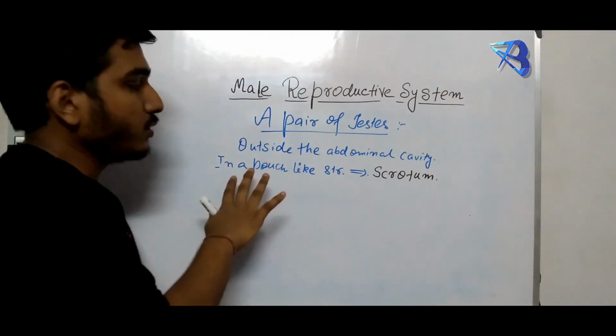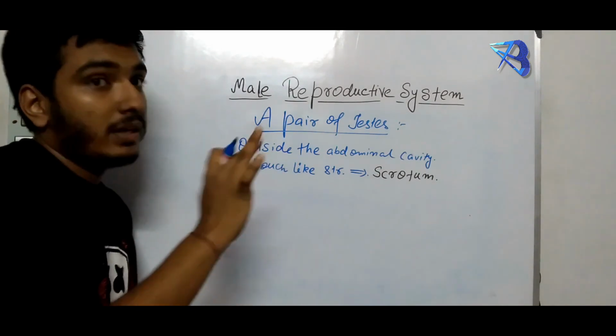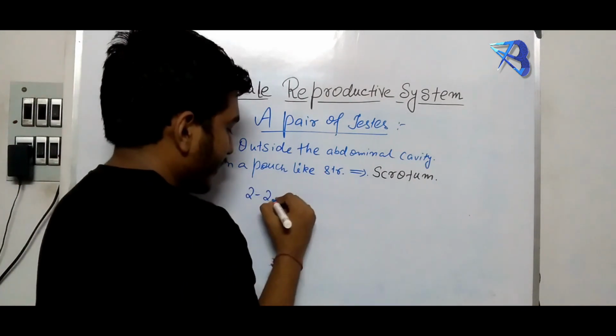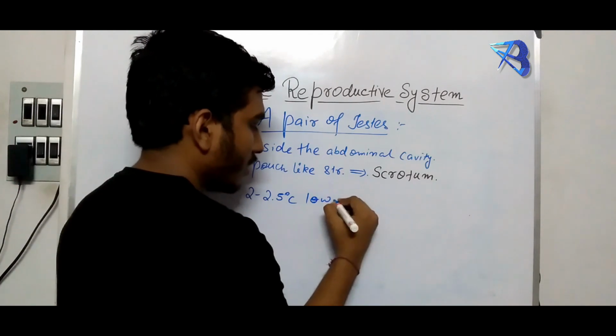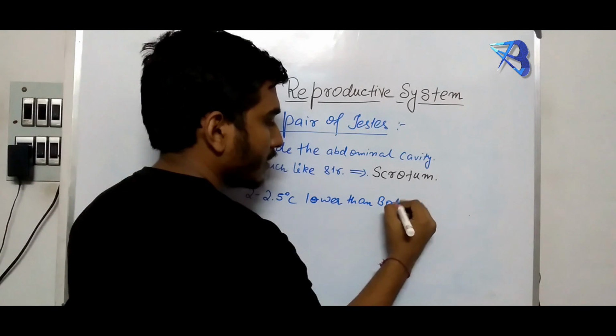Now, why is it located outside the abdominal cavity? To maintain a low temperature. How much lower? It is 2 to 2.5 degrees Celsius lower than body temperature.